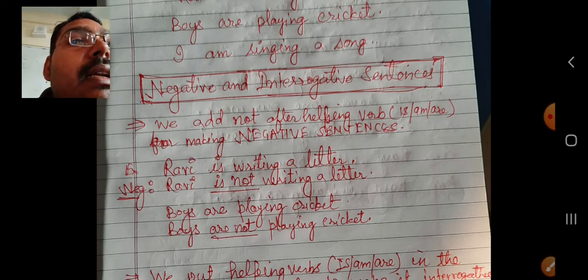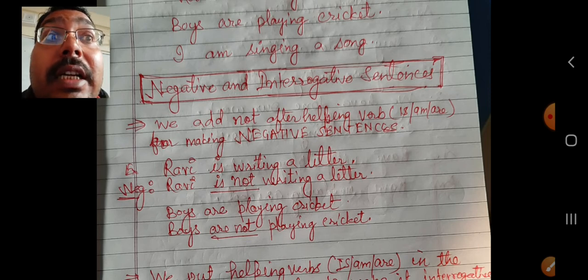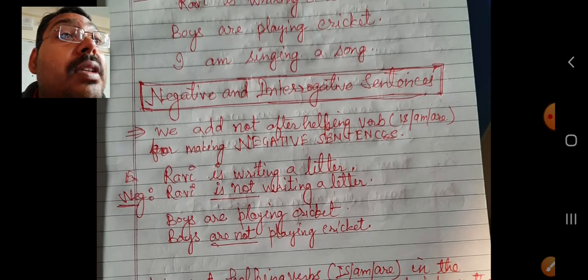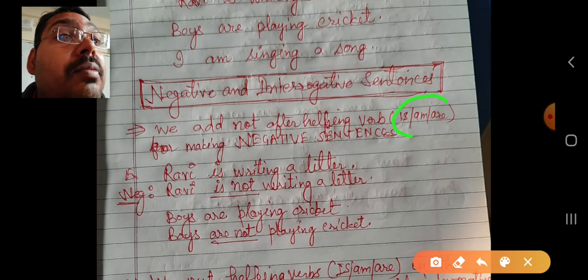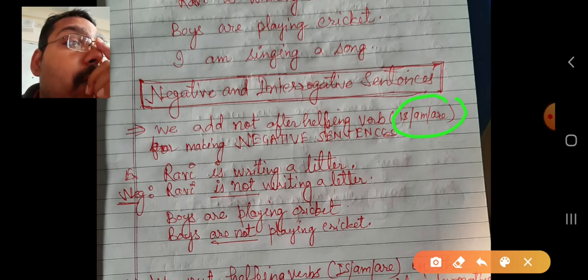We need to add not after the helping verb. And what are the helping verbs that we use in present continuous tense? We use helping verbs is, am, are. And right after the helping verb, we need to use not, and it will become a negative sentence.